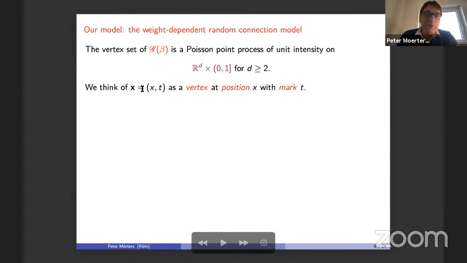So every point has two coordinates, (x,t): x is the position, and t is the mark. The idea is that a small mark indicates a very powerful vertex, and a large mark a not so powerful vertex. And the marks can have different meanings in the different models.